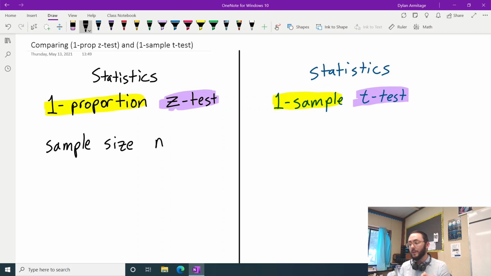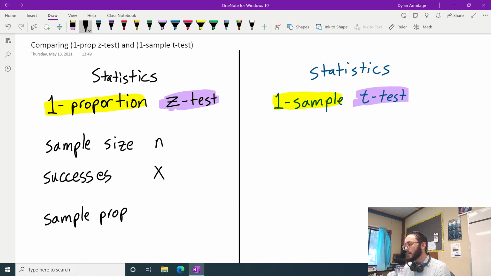We have the number of successes, which is usually denoted by x. And for this, we have our sample proportion, which is p hat. And that is simply x divided by n.